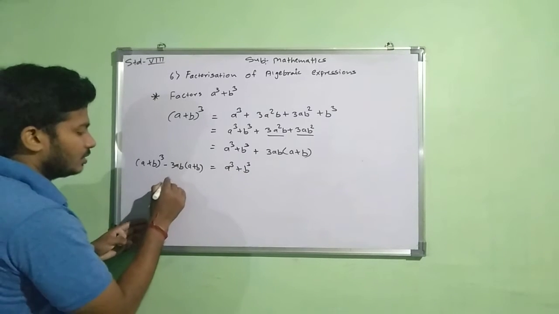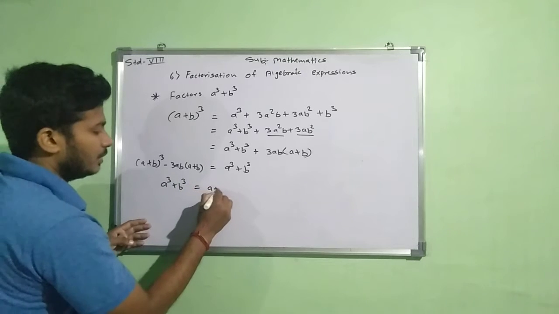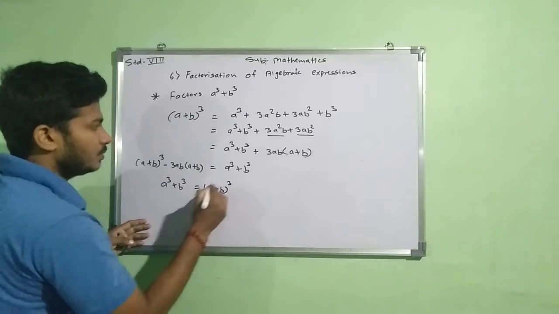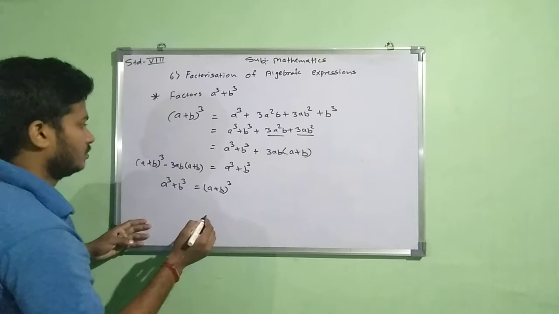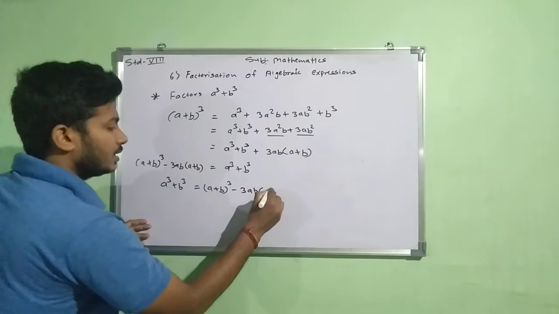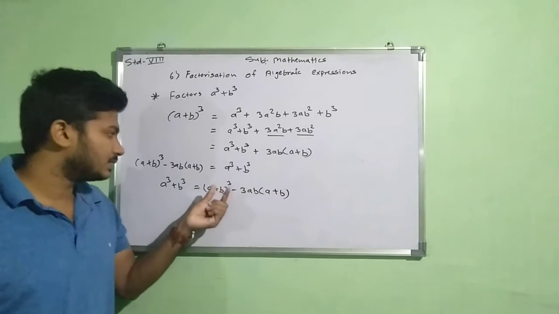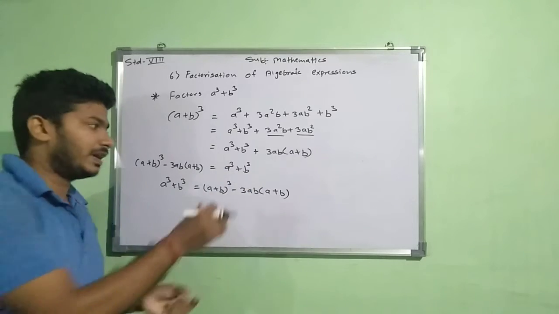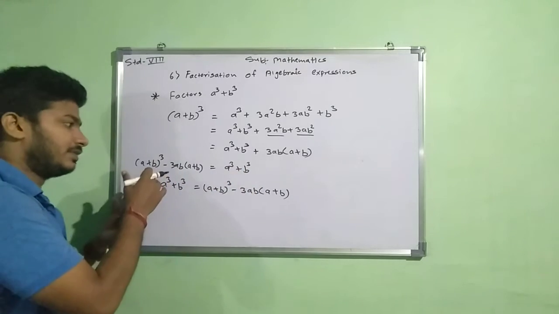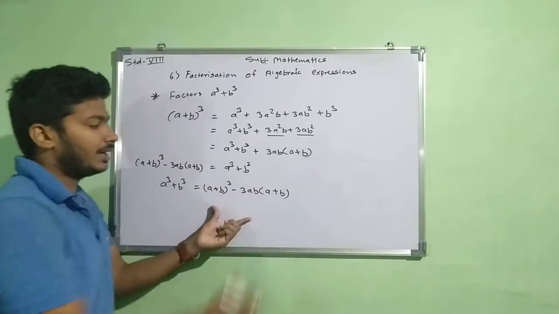Like a cube plus b cube is equal to (a plus b) cube minus 3ab inside the bracket a plus b. We have interchanged the places. Whatever we had at the right hand side, we have shifted to the left hand side, and whatever we had in the left hand side, we have shifted to the right hand side.